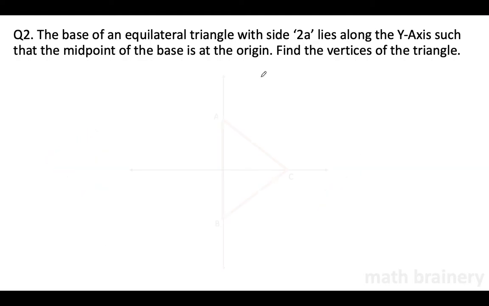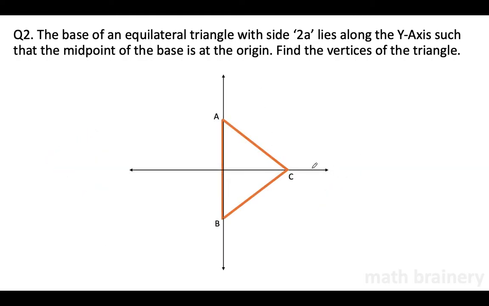Let me consider this case where the apex of the triangle is towards the positive side of x-axis. We have the base of the equilateral triangle with side 2a. That means the length of this base of the triangle is 2a units. Now because this triangle is an equilateral triangle, if one side is of length 2a units, then the other two sides must also be of length 2a units. What is also given in the question is that the midpoint of the base is at the origin.